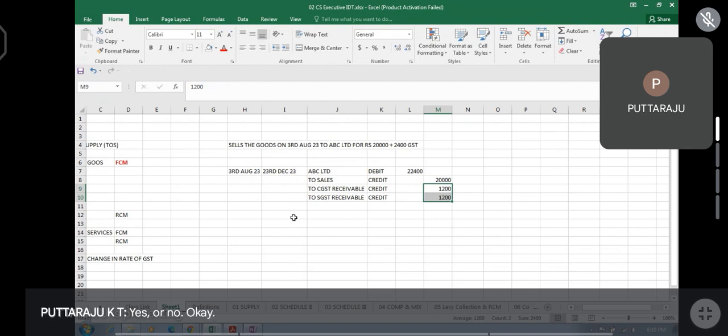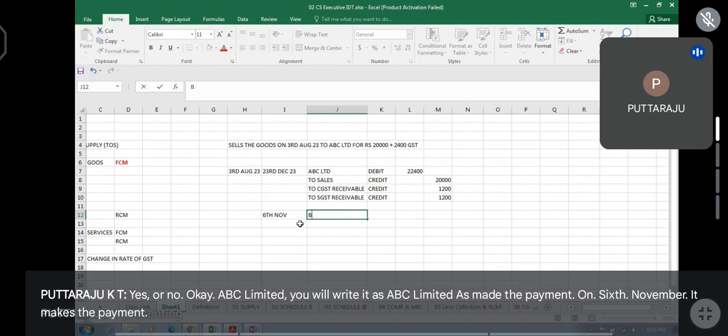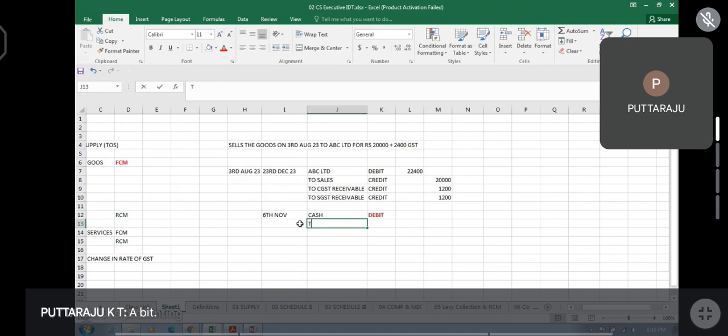And ABC Limited has made the payment on 6th November. You will record it as you received the cash: debit cash, credit ABC Limited.